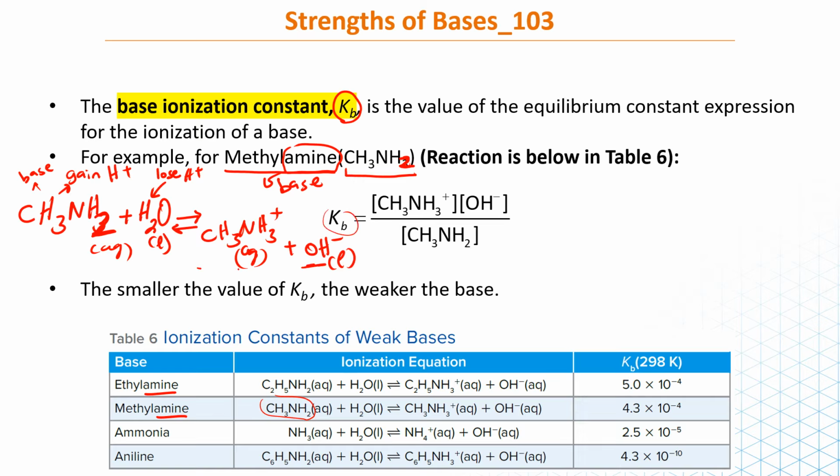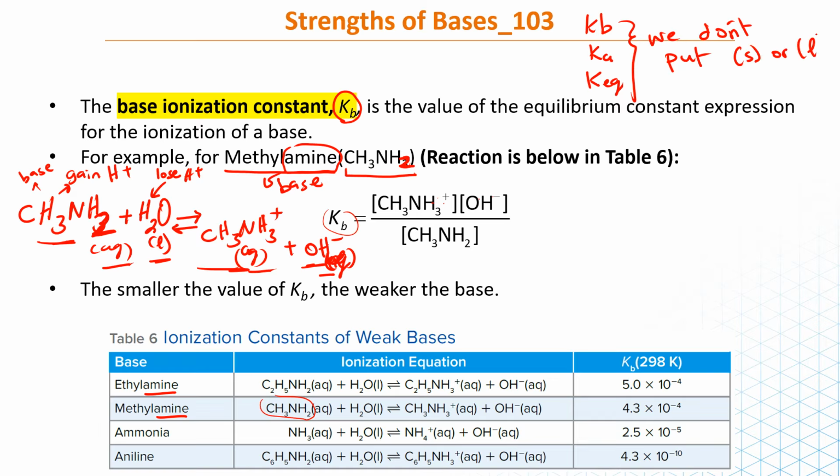So Kb is the products over the reactants, and water is not here because it is a liquid. And remember, Kb and Ka and K equilibrium in general, we don't put solids or liquids. And these are some of the weak bases, because we have the double arrow here.